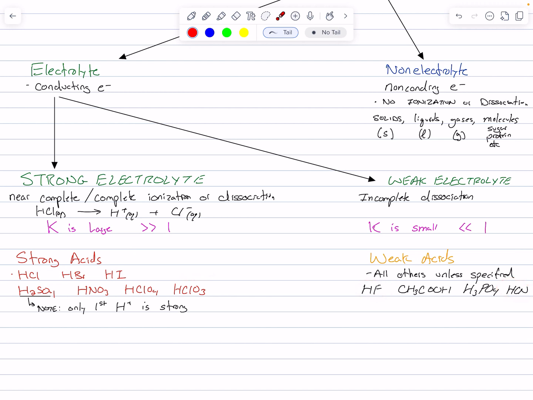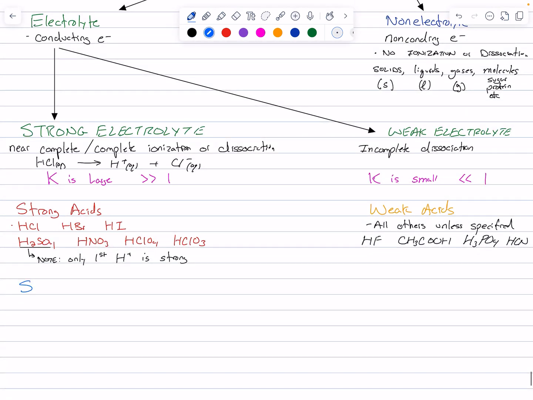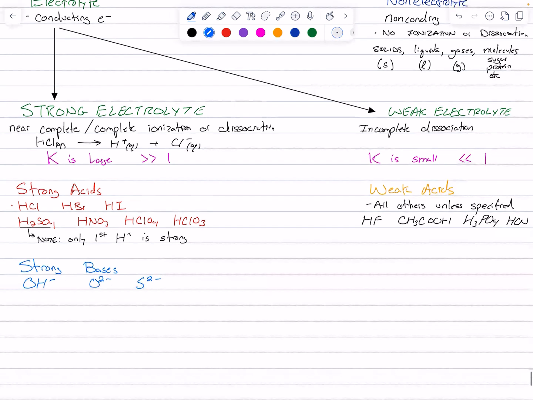And then we have strong bases. Now, the species that are strong bases: we've had hydroxide, so hydroxide and water. Oxide is also going to be one, and sulfide. Those are your strong bases, all right?